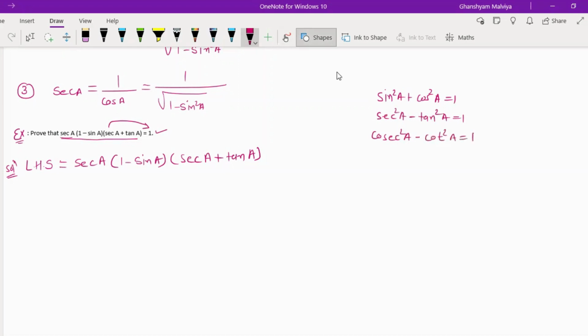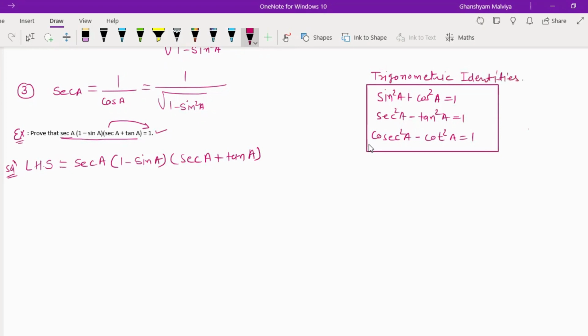These three formulas you have to remember. So using these formulas, we are going to solve.